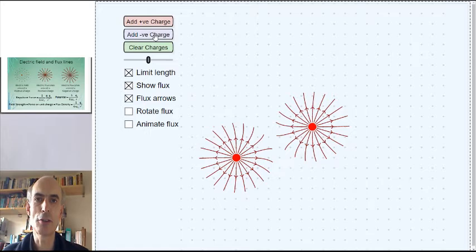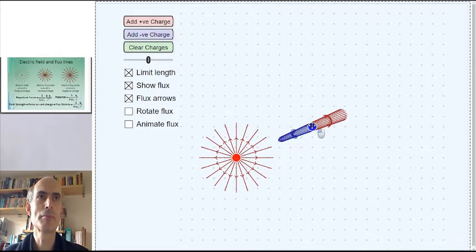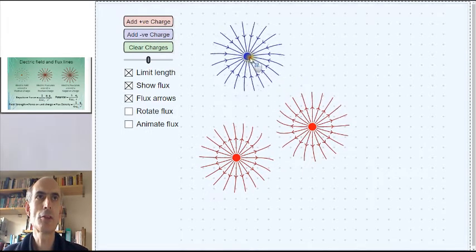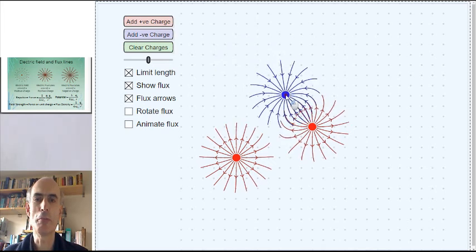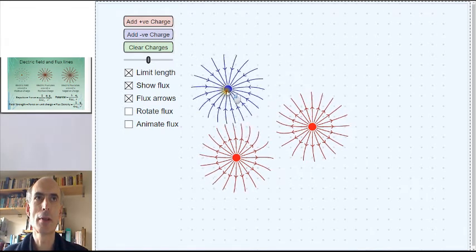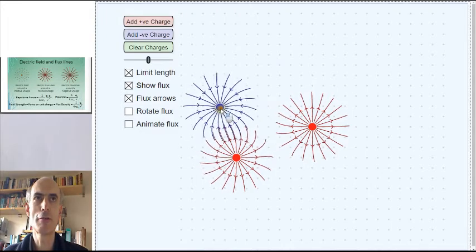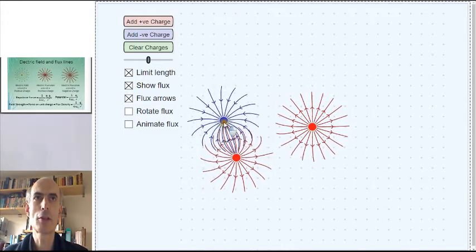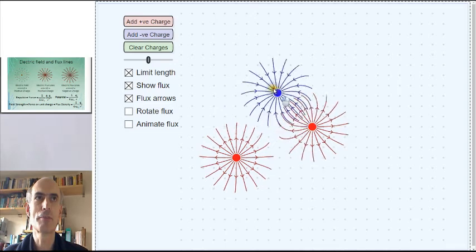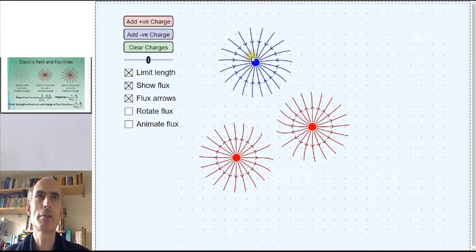Whereas if I add a negative charge, then the negative charge is kind of welcomed by the positive charge. And that's the force of attraction in visual form between the negative charge and the positive charges. But of course, in real life, flux lines do not start in the middle of space.